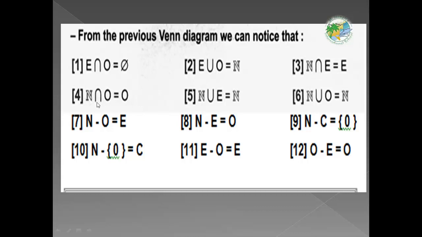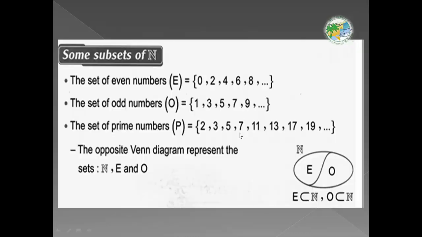Natural number intersect odd number equals odd number, because the common element between natural number and odd number is the odd number. Now let's go to the last slide. The common element between the even number and the natural number is the even number. The common element between the odd number and the natural number is the odd number. Okay?